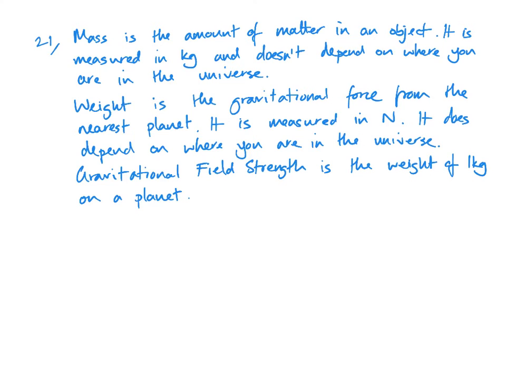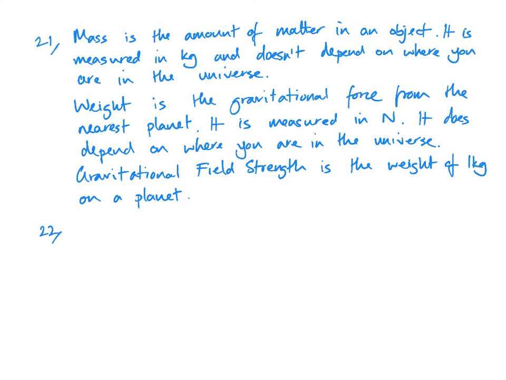And then when we see the next one, that enables us to write a formula. If you know what the weight of 1 kilogram is on a planet, and you've got 15 kilograms, well, you just multiply it by 15. Now, you're not expected to memorize any gravitational field strength values. You're given them in a table.